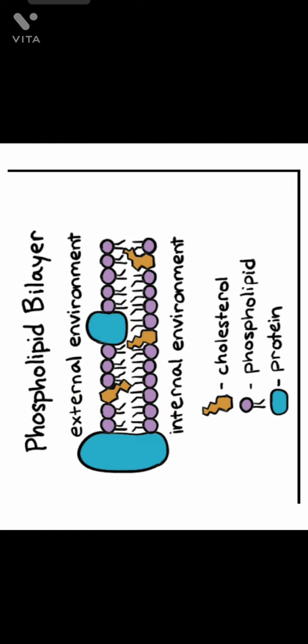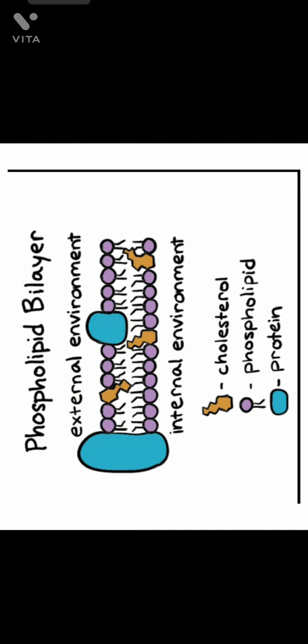The cell membrane is composed of proteins and lipids. Proteins are considered as the heads and lipids as the tails because of its structure.